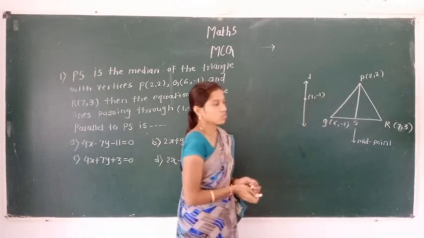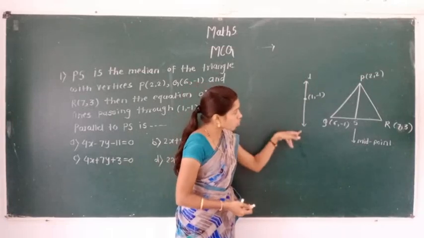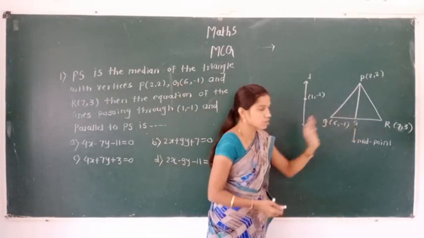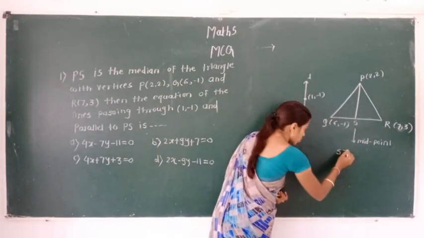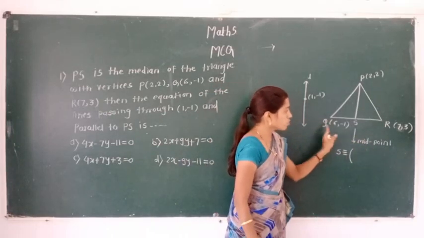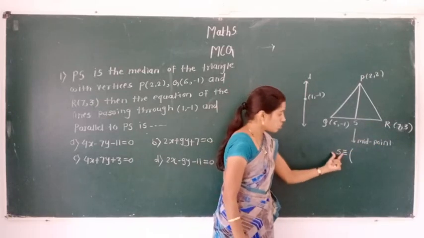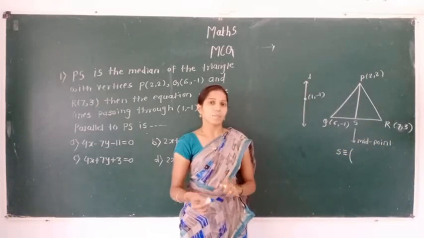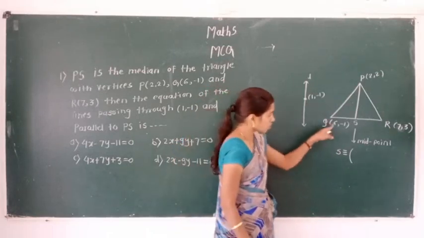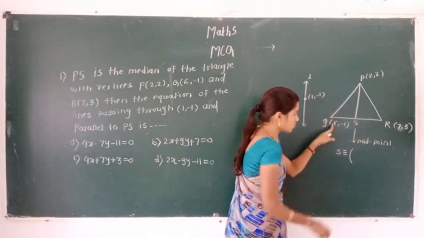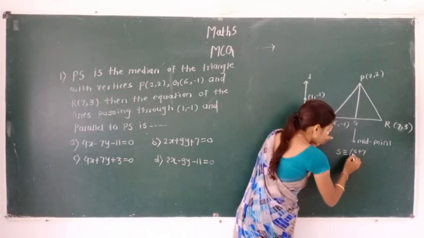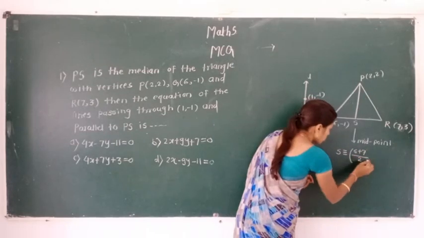(1, -1). For finding the equation of line L, first of all we have to find the coordinates of point S. So S is the midpoint of side QR. We apply the midpoint formula to get the coordinates of point S. Take the sum of x coordinates, 6 plus 7, divided by 2.